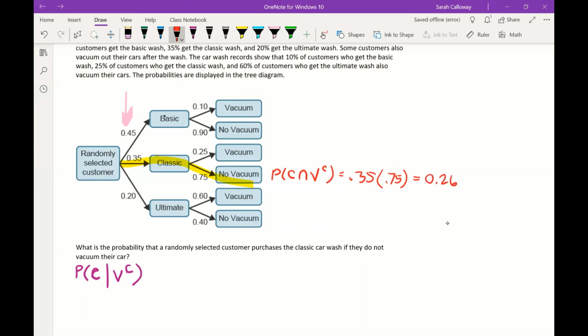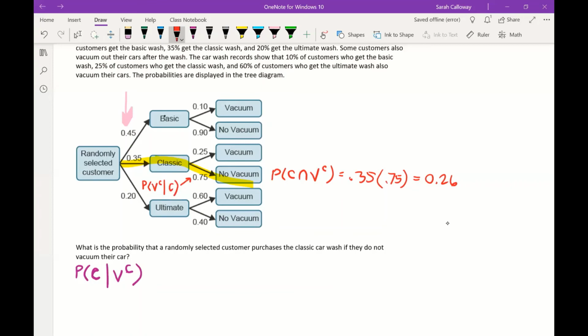Okay, so that gives me that and probability. This probability here is the probability that someone chooses not to vacuum given they got the classic car wash. So the value that I'm looking for is not in my tree diagram. I have to do some work to get there, okay?